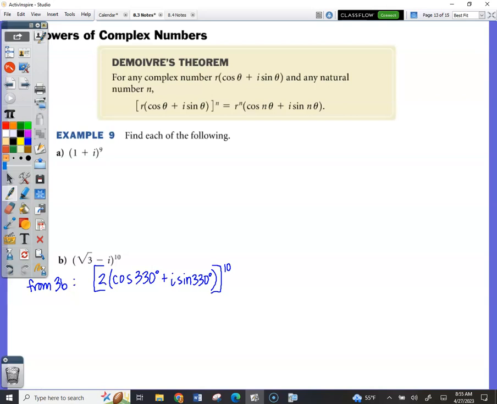So plug it into the formula. r goes to the power, and then the angle multiplies by the power.